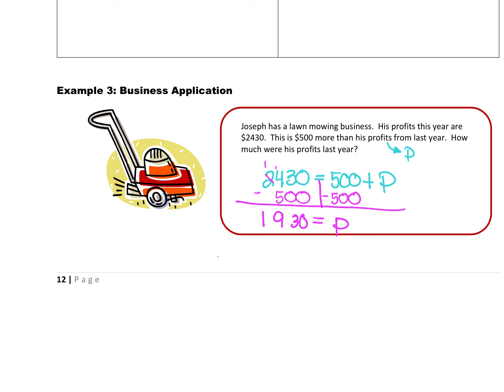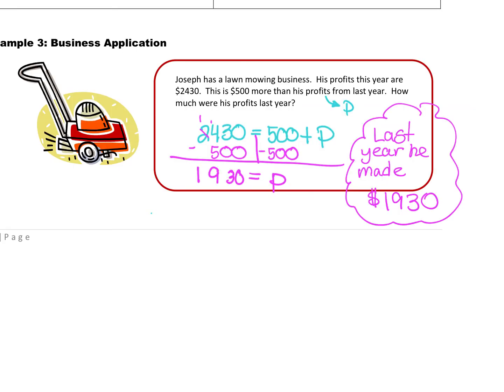So we have 1,930. So last year he made $1,930, and this year $2,430. Probably makes you want to start your own lawn mowing business.